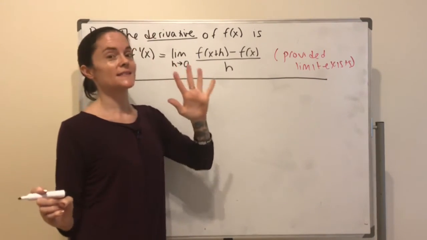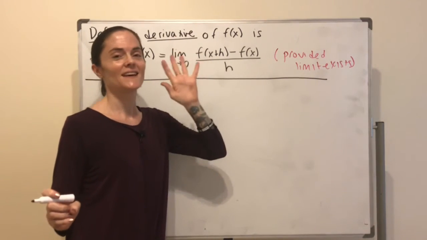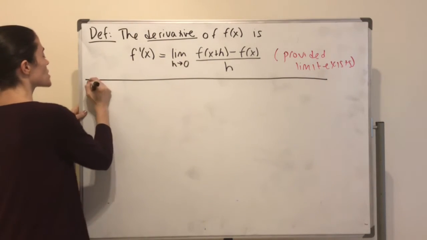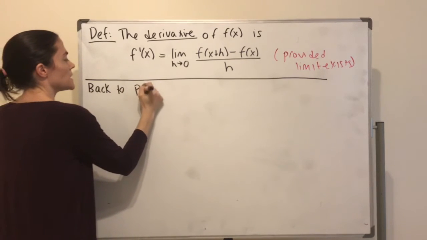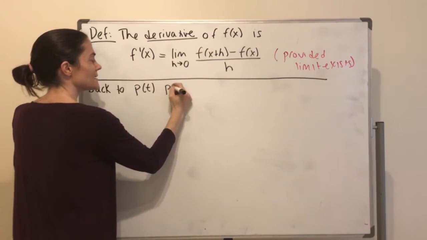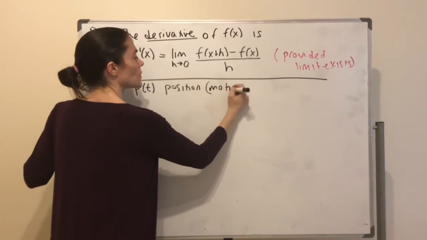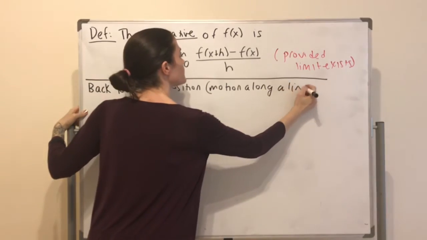It gives you the instantaneous rate of change of your original function at x equals a, okay? So let's go back to p of t, position, and this is for motion along a line.